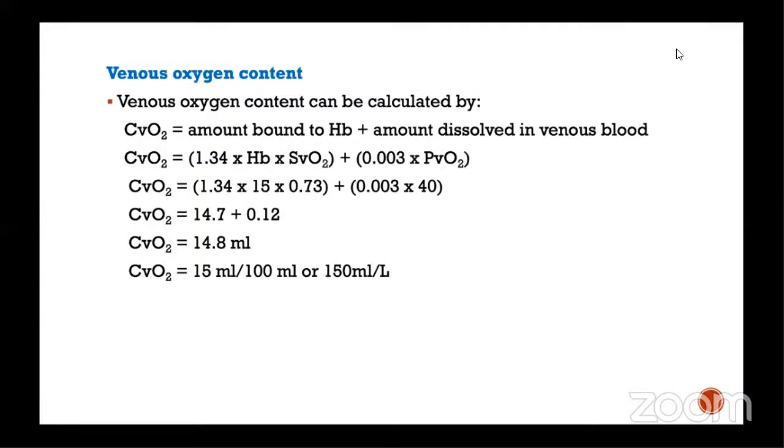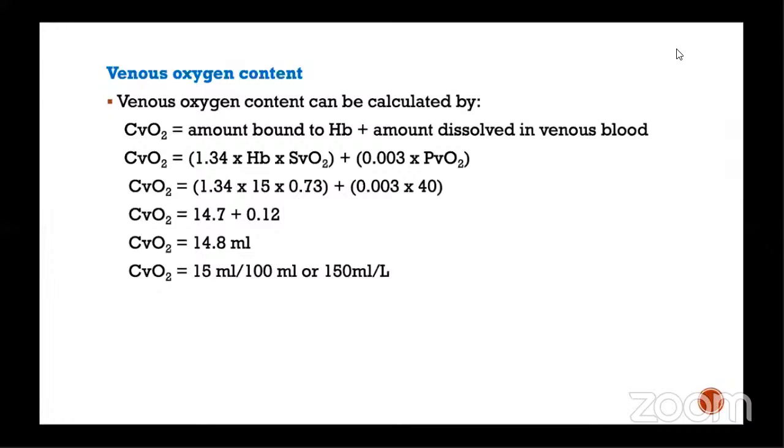Now, we've been able to understand the contents of arterial blood. Let's take a look at the venous oxygen content. We're still going to apply the same principle. In terms of the plasma contents, remember that in venous blood the partial pressure is 40 millimeters of mercury.